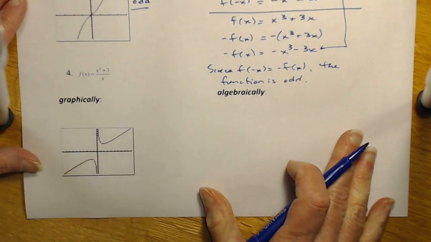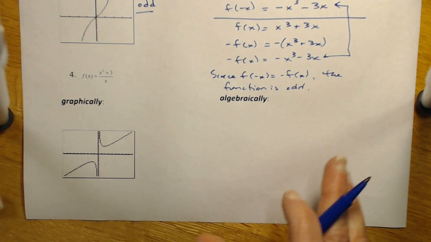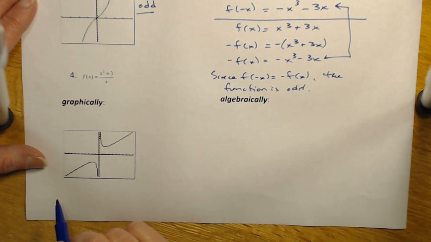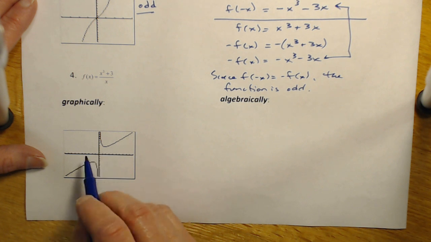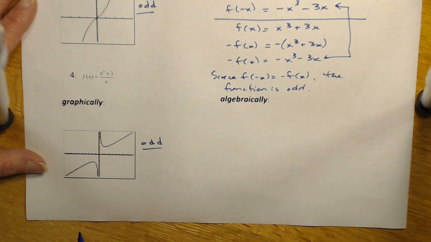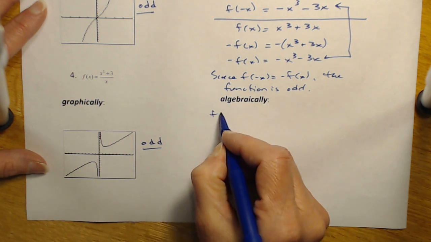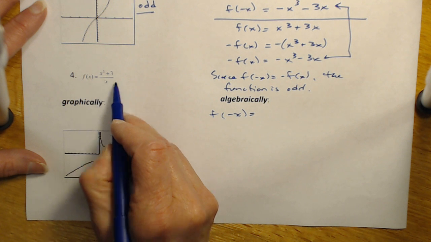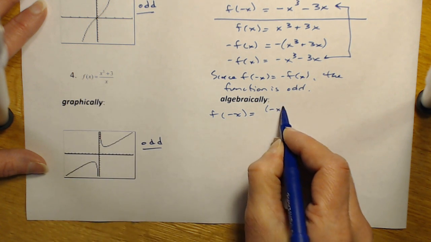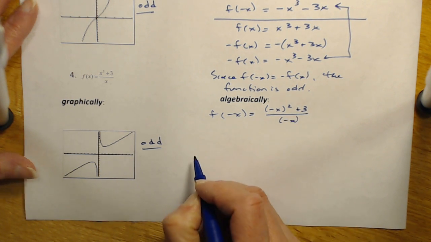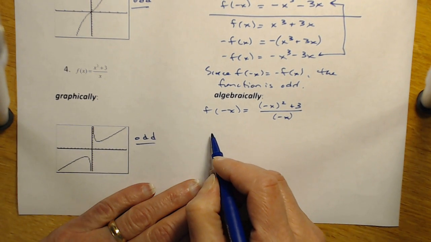Okay. And then one more, we have f of x equal to x squared plus 3 all over x. Graphically, again, it looks like there is some symmetry with respect to the origin, so my guess will be odd. Algebraically, we calculate f of negative x. Again, we square the input plus 3 all over the input. Okay, so we clean this up a little bit.